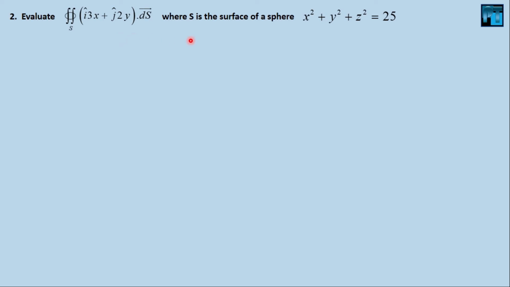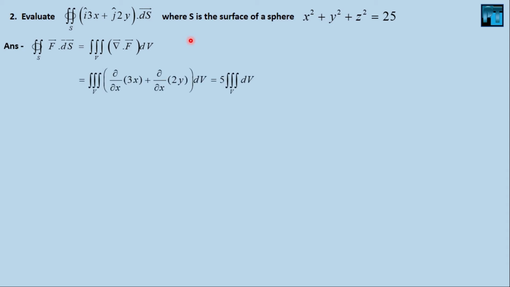But what happened when we apply the Gauss's divergence theorem? The dot product gives us this line. So 5 triple integral dv. What does this triple integral dv mean? It is actually the volume of this sphere. And what is the formula? 4/3 pi r cube. R is the radius of the sphere. This is 25, that means 5 square.